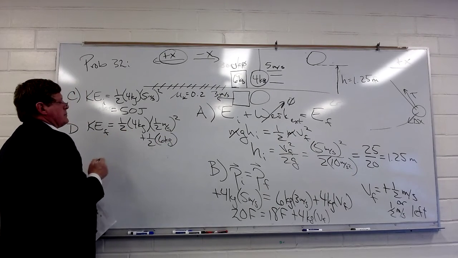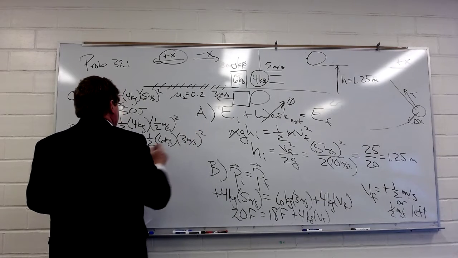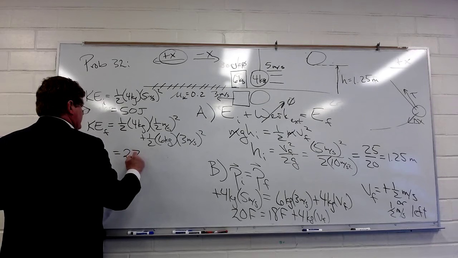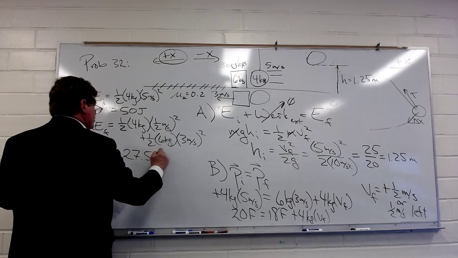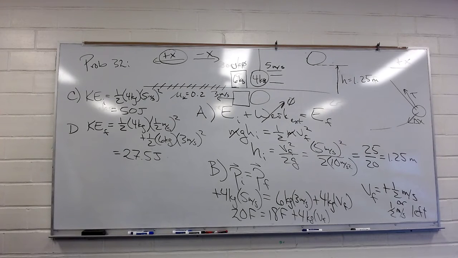This was a bob, not a block. This is going to be 3 meters per second. And when I multiply that all out, I get 27.5 joules.